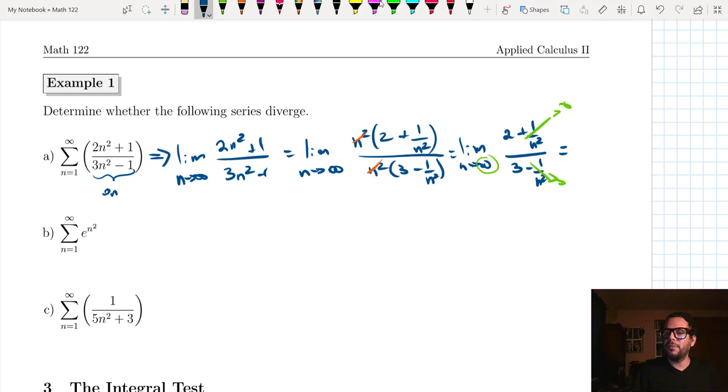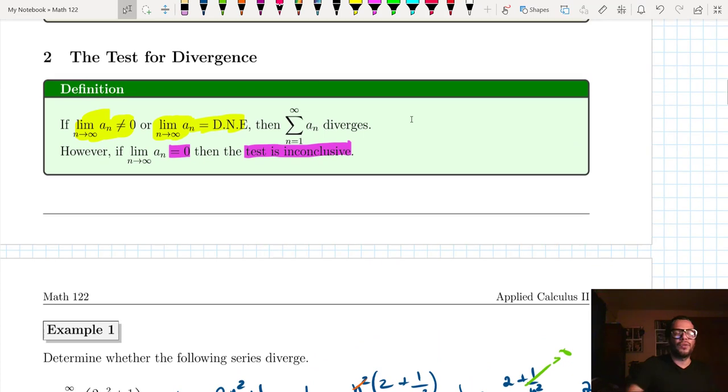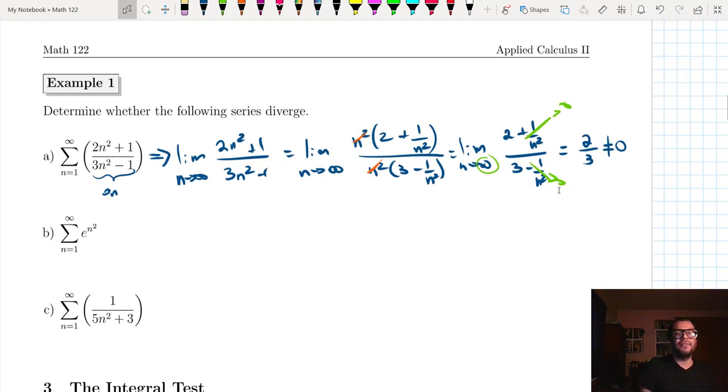So the terms that survive are the 2 in the numerator and 3 in the denominator, and this number is not equal to 0. From the criteria for this test, this series diverges. So this is enough evidence to say the series diverges.